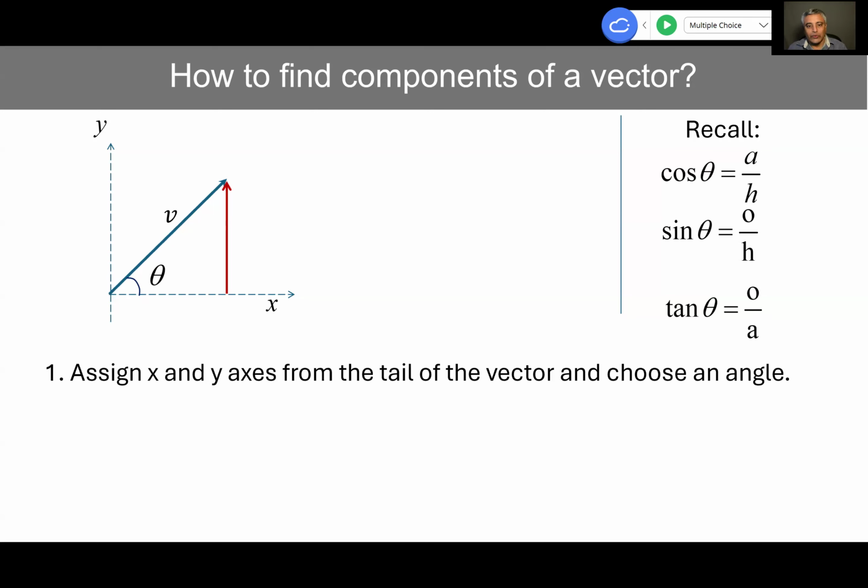For that purpose, we need the skill of writing a given vector in horizontal and vertical direction, or component form, and also how to combine them using the method we just saw in the last slide. With that mathematical tool, we will be able to analyze this problem where an object goes sideways. When we do that by throwing an object in the air where air resistance is negligible, we call that projectile motion. And that's the main topic for today.